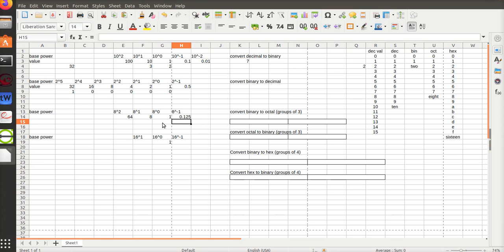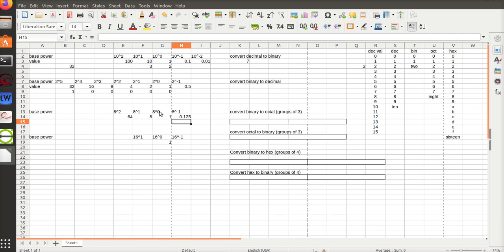But I like to use a shortcut instead of the base values, because it's an extra step. In binary, when you convert, you're either adding up the value of the placeholder, or you're not. If it's a 1, you add it. When we did the 1100, we added 8 and 4 because we had an 8 and a 4, but we didn't have a 2 and a 1, so we just added them up.